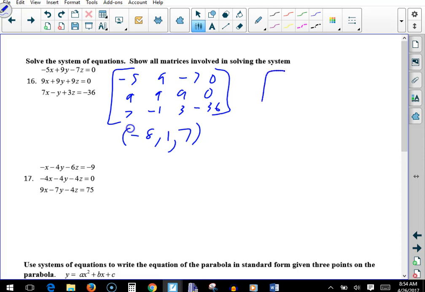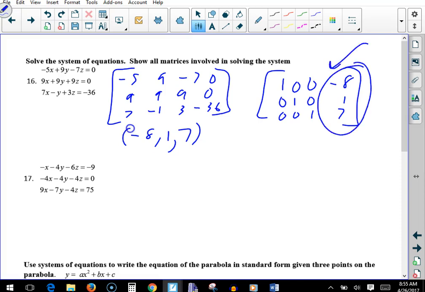If you want to write out the full thing like this, that's fine. I really don't want you to waste your time doing this on the quiz. I'd rather you spend your time finishing the quiz, doing it well. So this part is not necessary at all. I'm just worried about these last 3 numbers. If you did it right, I know what this part's going to look like, so you don't have to write that out.